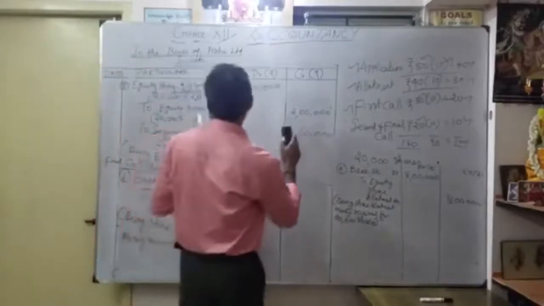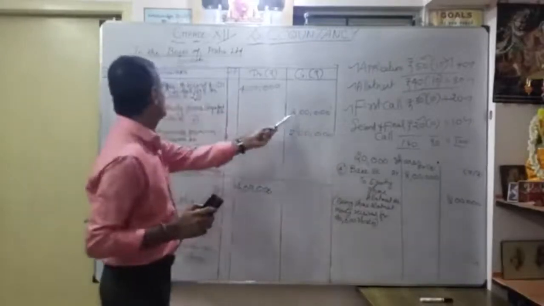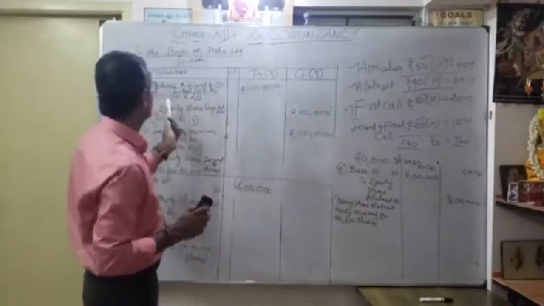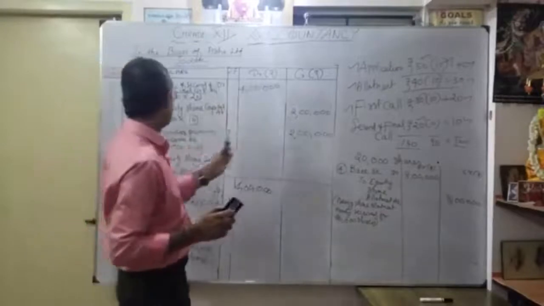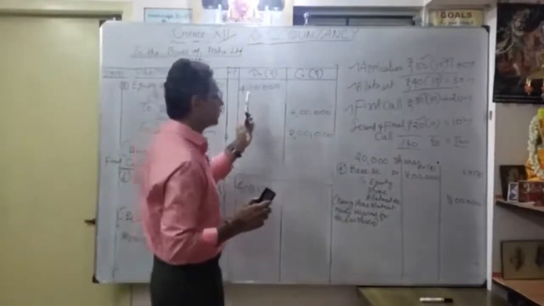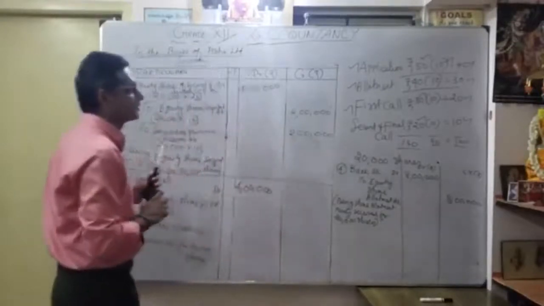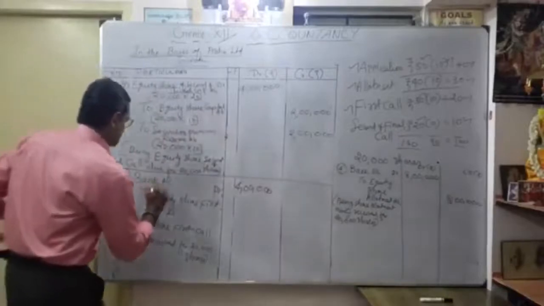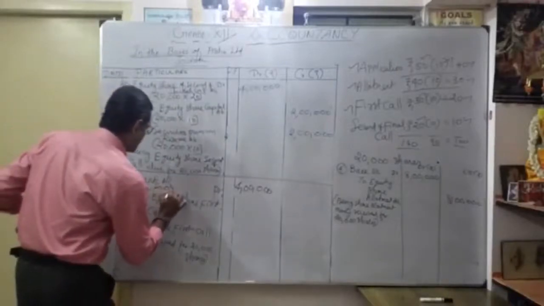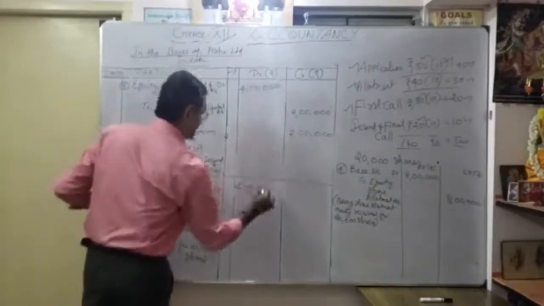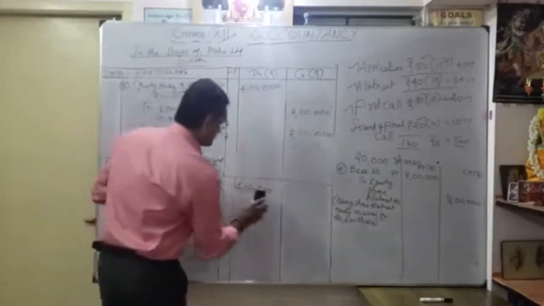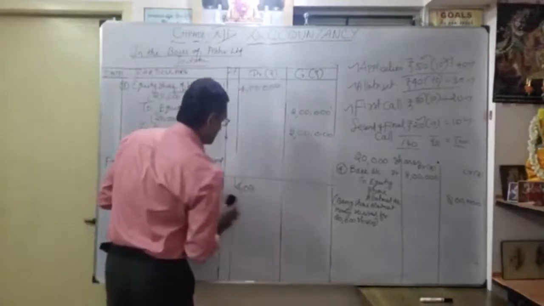Here 20,000 into 20, 4 lakhs, consisting of 20,000 into 10, 2 lakhs, and 20,000 into 10, 2 lakhs. So how much did I receive? Totally 20 rupees per share, 20,000 into 20. So this 4 lakhs I received, correct? My second and final call, 4 lakhs.